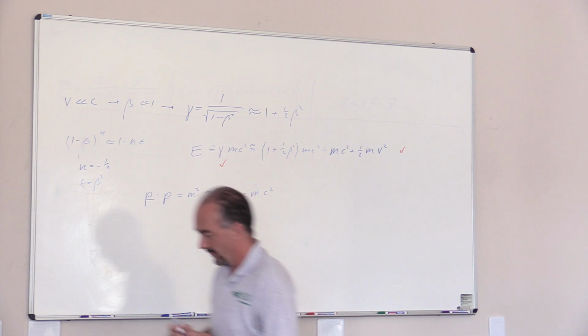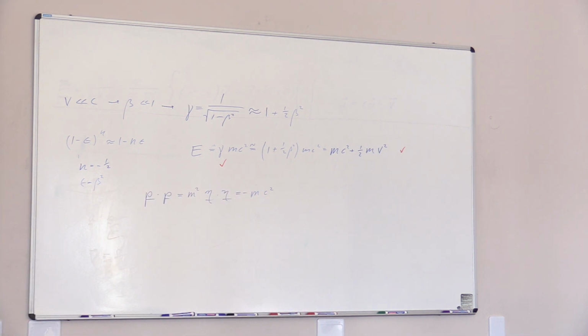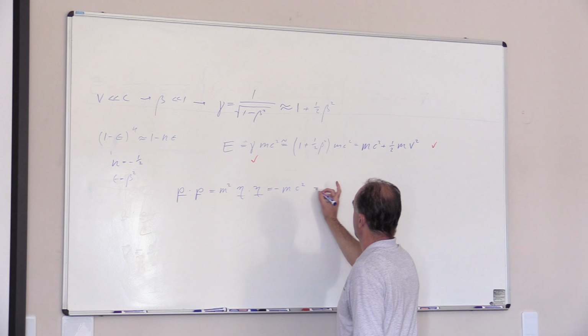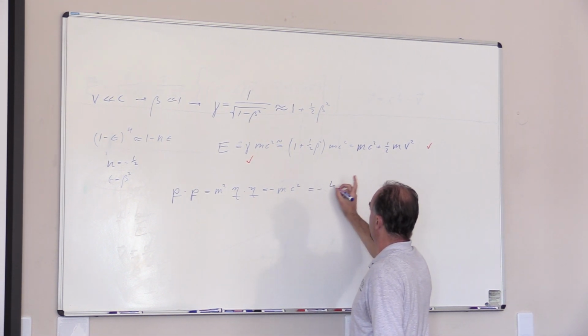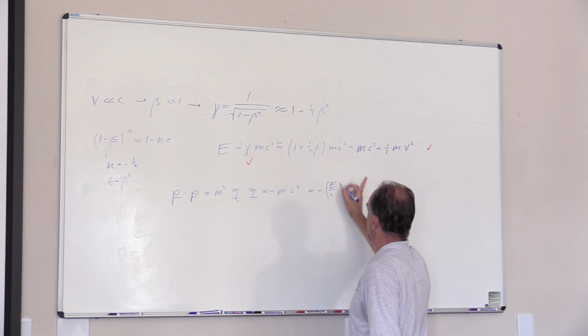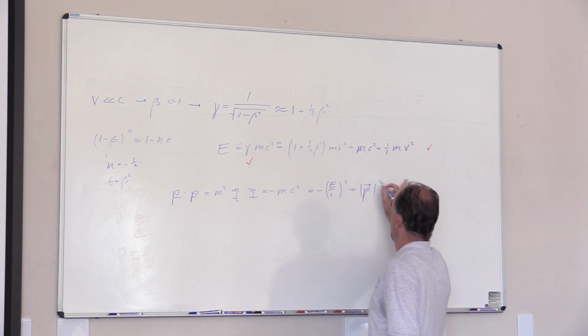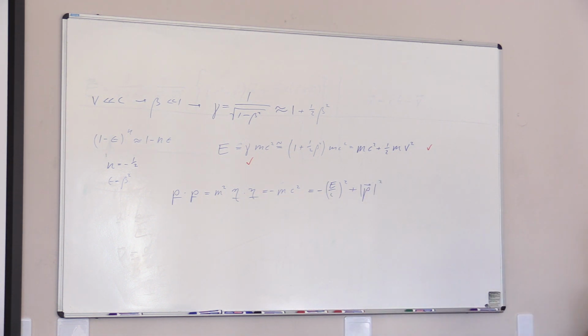But we can also write this in terms of this form of the momentum vector. So we can also write this as minus E squared over c squared plus 3-momentum squared.